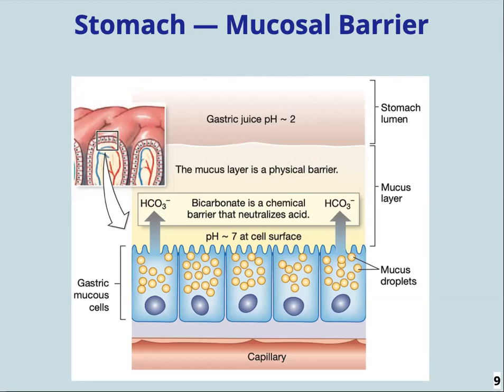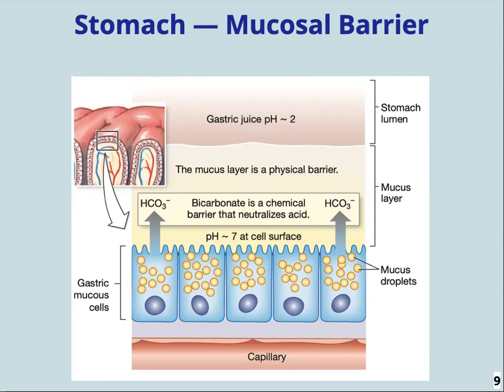So the mucosal barrier is created by three major factors. First of all, we've got that thick coat of alkaline, bicarbonate-rich mucus. So this provides a physical barrier. Bicarbonate is useful for neutralizing acids like hydrochloric acid, and also serves as a really effective acid-base buffer, okay?